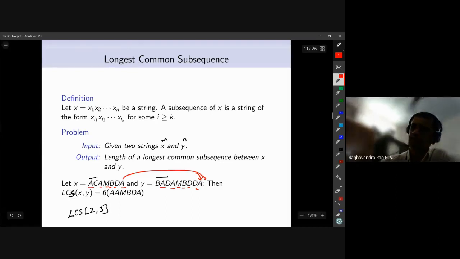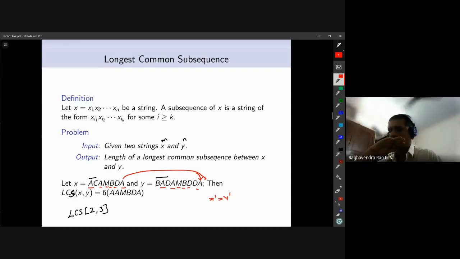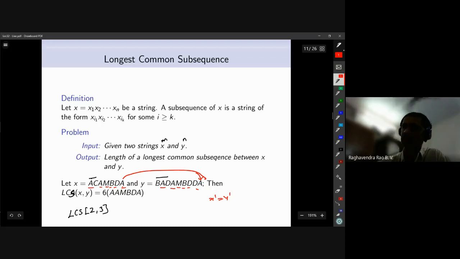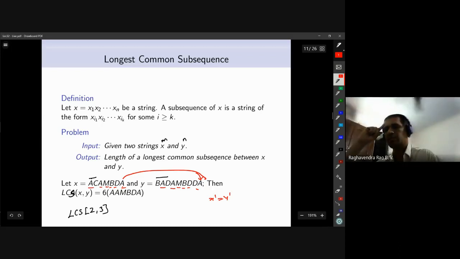Consider two subsequences, x prime and y prime, such that they are equal. I claim that if they form a longest common subsequence, then x prime and y prime must match either the last letter of x or the last letter of y.